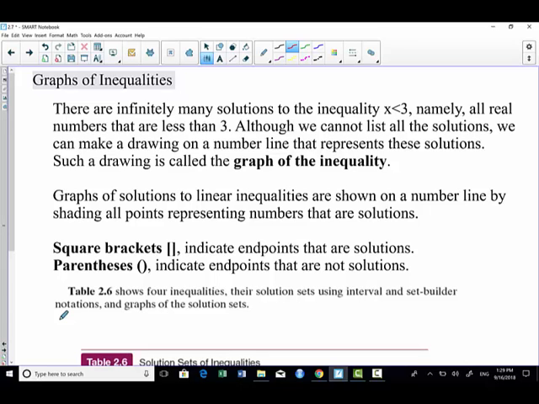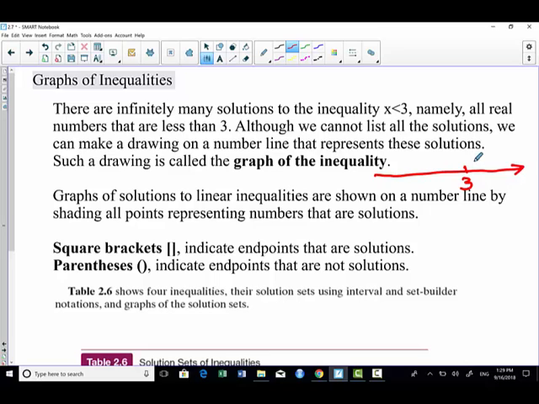So to draw the graph of the inequality x less than 3, we can first draw a real number line, and then put 3 in the middle, somewhere on the real number line.